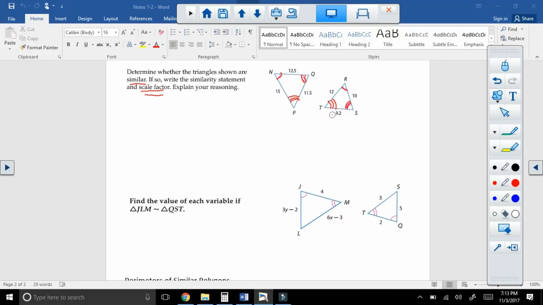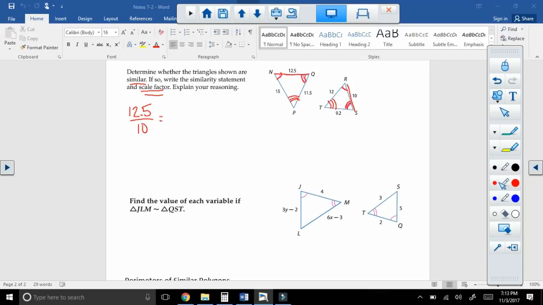And sometimes this can be really hard to tell, like what sides correspond, especially when you don't have a similarity statement because we're being asked to write it. So what I'm going to do is look and see, okay, this 12.5 is the side that's contained between the angle that has 1 mark and 2 marks. So the side that's going to correspond to that is RS, and that side is 10. So there's one ratio.